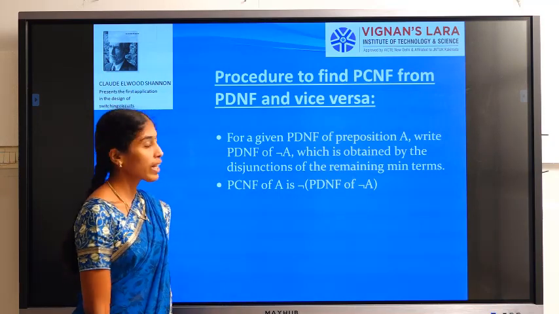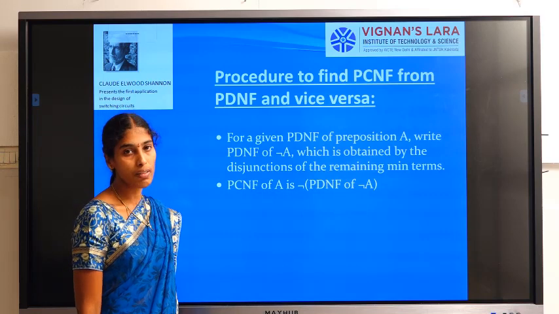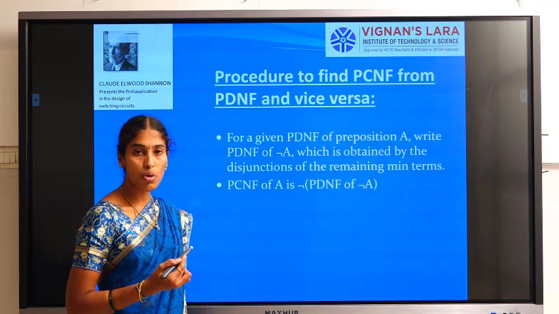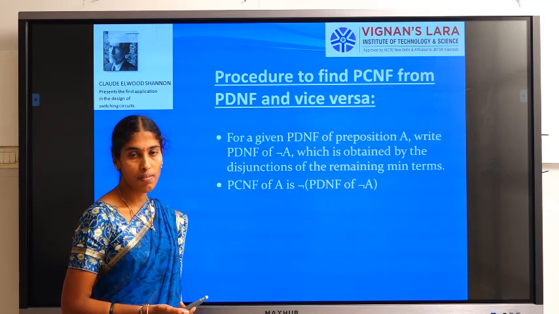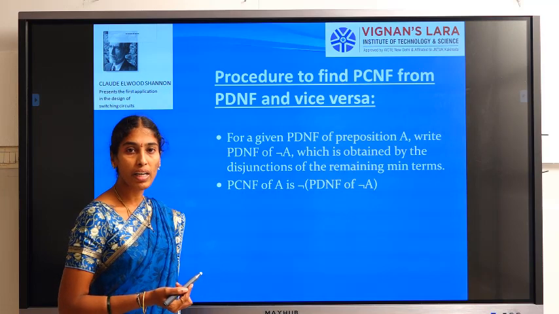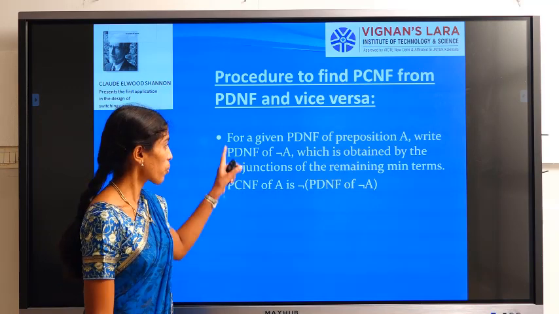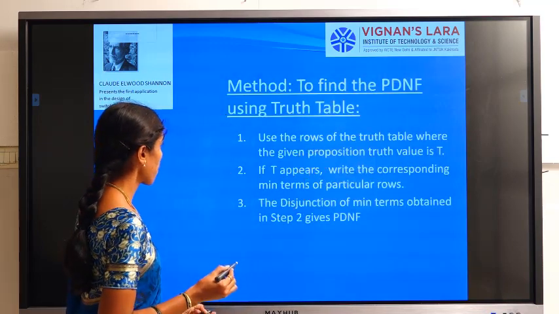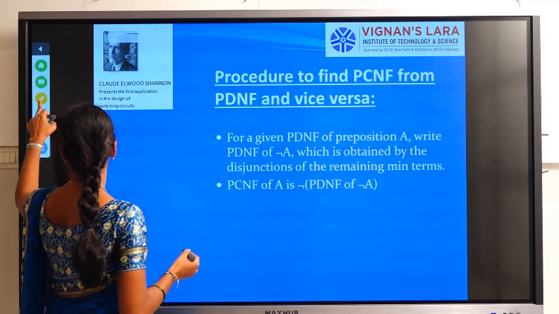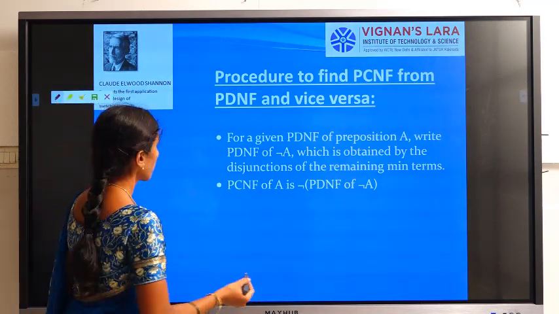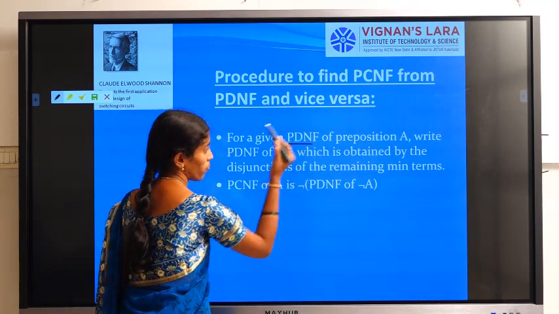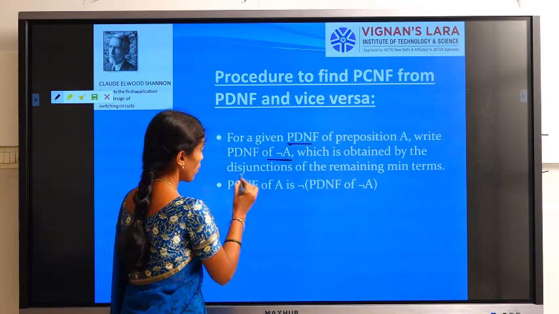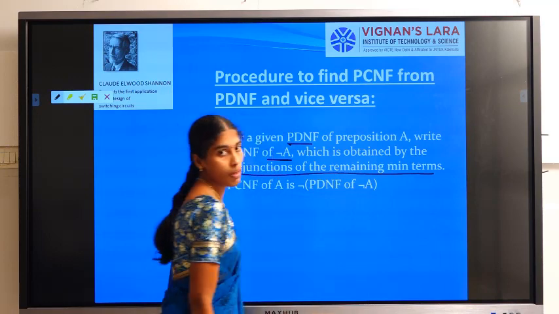Next, procedure to find PCNF from PDNF and vice versa. That means if we know the PDNF of a given formula, we can also calculate PCNF using PDNF, and similarly we can find PDNF for a given PCNF. So the procedure is, first we know the PDNF. Negation of PDNF is obtained by the disjunction of the remaining min terms.